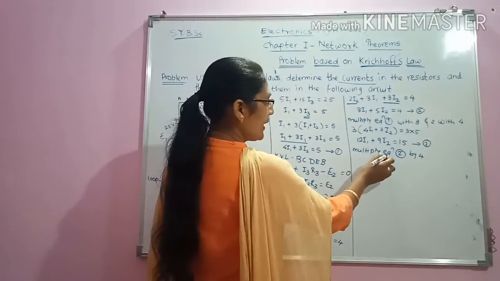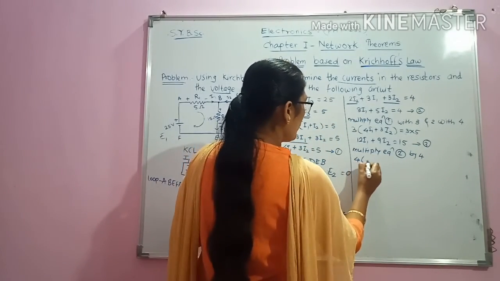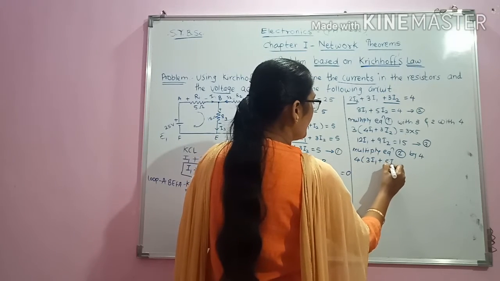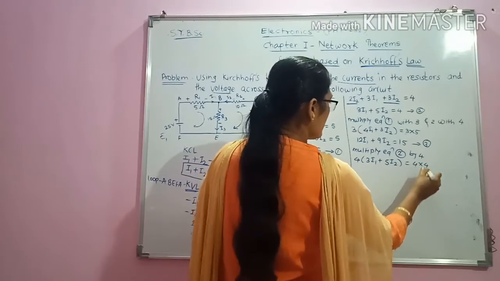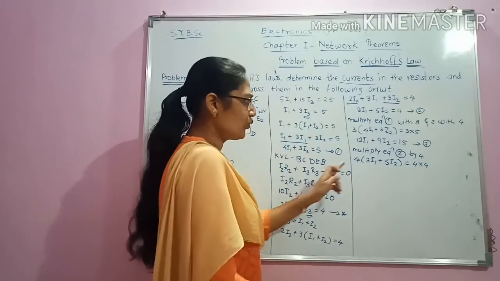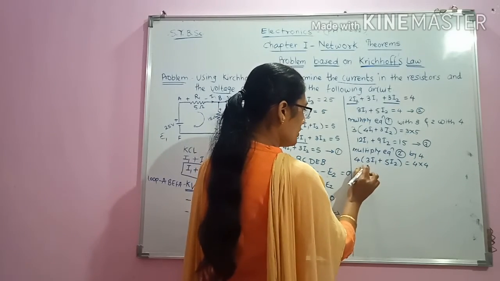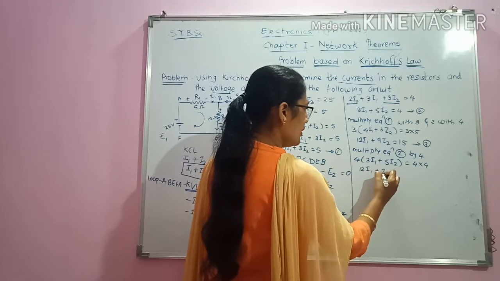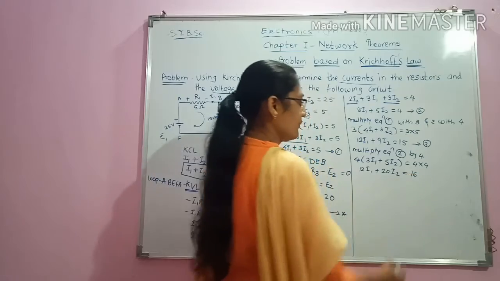After multiplying equation 2 by 4, we will obtain our equation number 4 as 12 times I1 plus 20 times I2 is equal to 16.